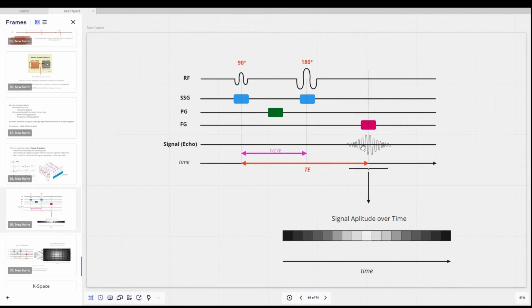Over time, as that signal starts to build up, you get more and more signal, until here, which is at time TE. This is the midpoint of the echo. This is where you have the most signal, so that's nice and bright. And then it starts to dephase again and decay, and the signal gets darker and darker. So this is just a representation of what our signal looks like over time, as the computer is saying, how strong is this signal, and plotting it in here.